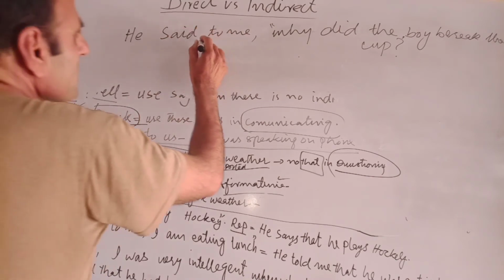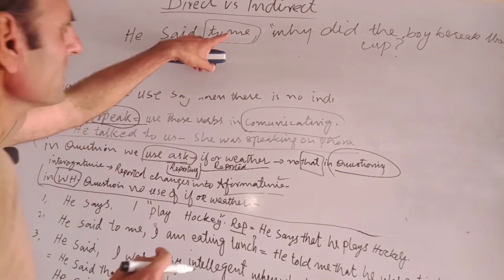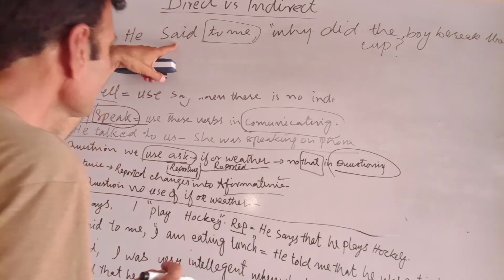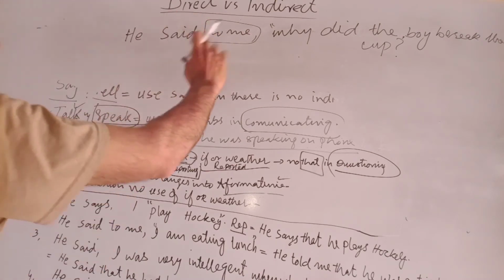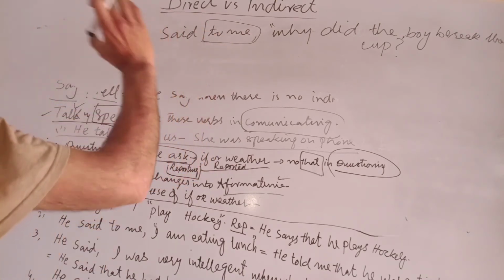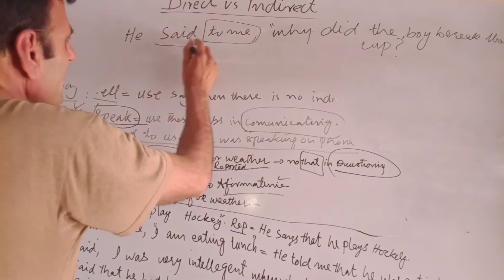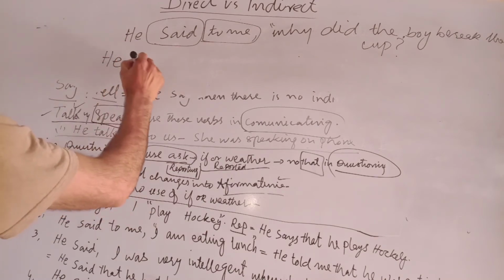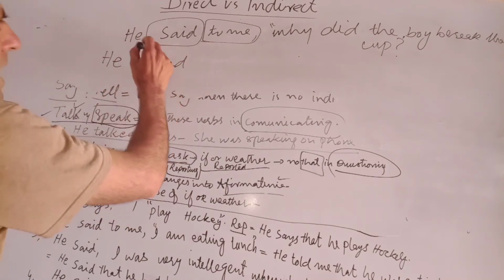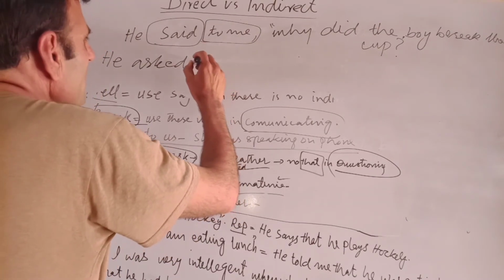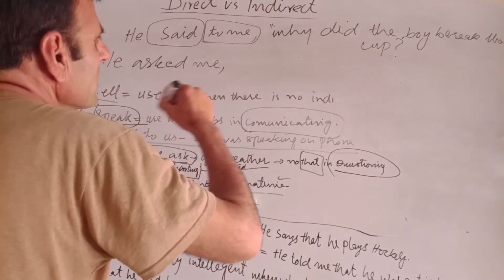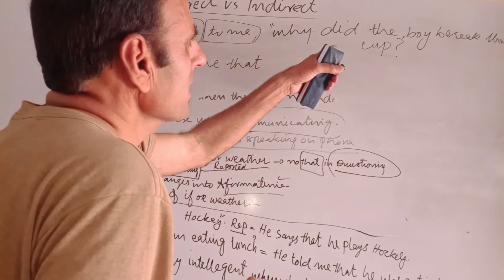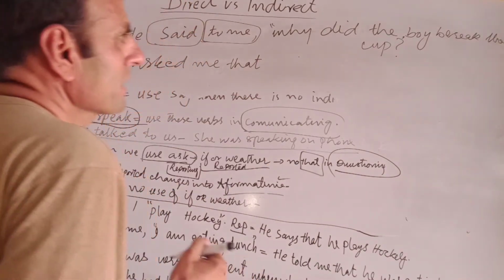Now, there is to be an indirect object. If there is an indirect object, we change said into tell, but there we change this again into ask because this is an interrogative sentence. He asked me that why did the boy break the cup?